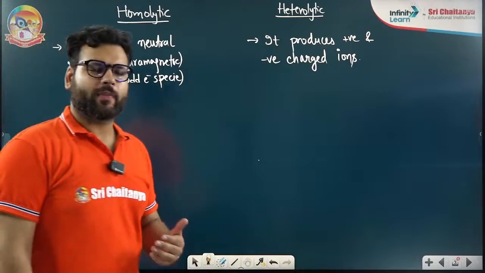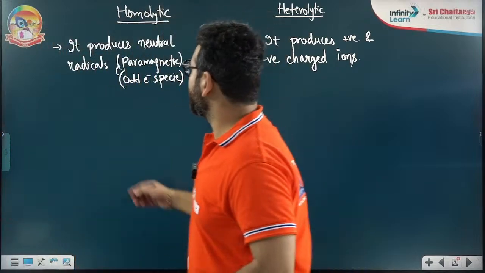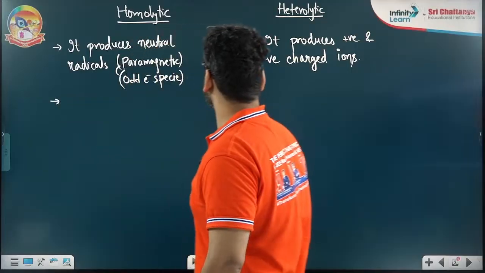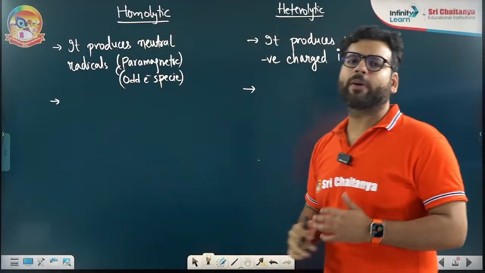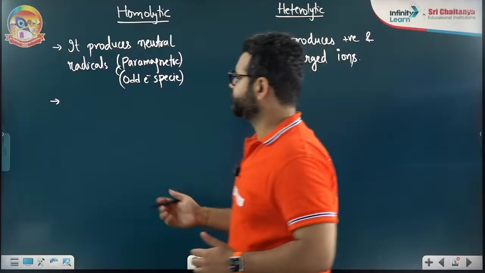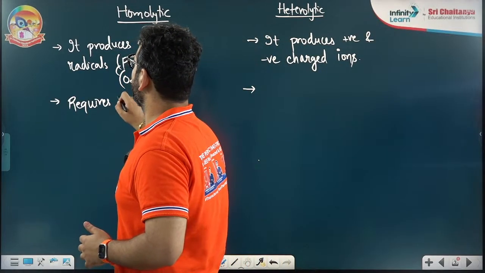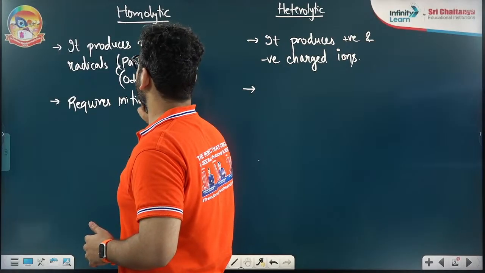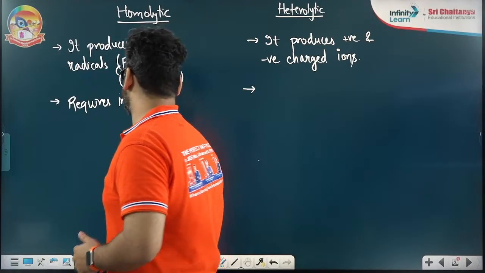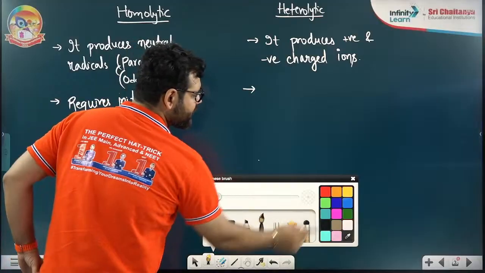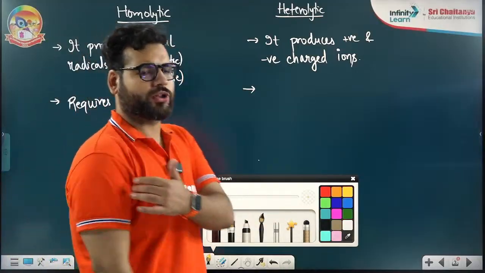So next point. Always remember that homolytic cleavage generally requires sunlight or a peroxide as an initiator. Initiators are those which help the reaction to proceed.